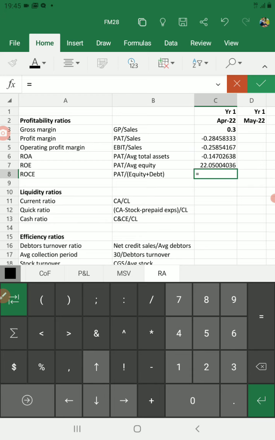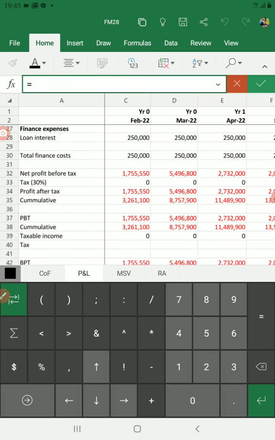Go to the P&L sheet in April here, the profit after tax figure is this one, and then divide by capital employed, which should be the average figure also. Average capital employed.